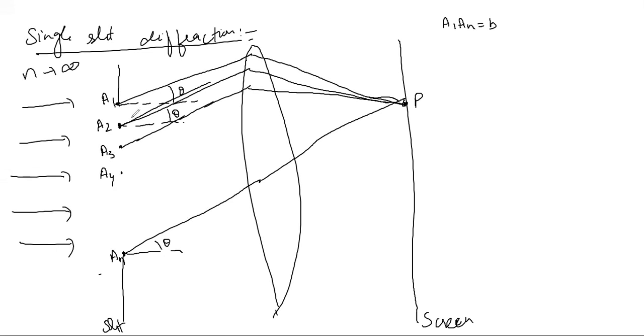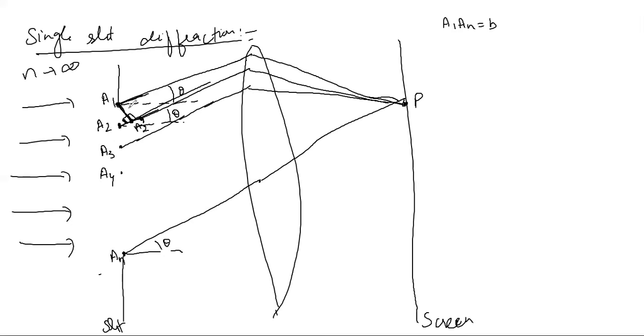So what I can do in that case is you can draw a perpendicular from here to here. अगर आप यहाँ से यहाँ पे एक perpendicular draw कर देते हैं. Now from this point onwards, let's call this point as A2 prime. After A2 prime, इस line के बाद में these two lines, they are basically parallel to each other. So they are going to travel equal amount of distances.